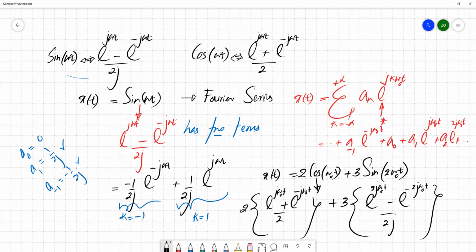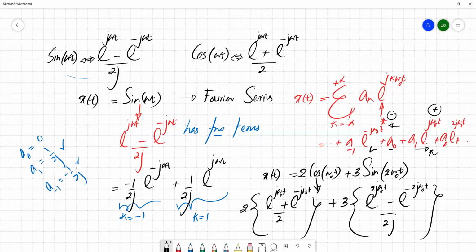We have to take the constant to the middle of the expression, the positive exponentials to the right hand side, and the negative exponentials to the left hand side.